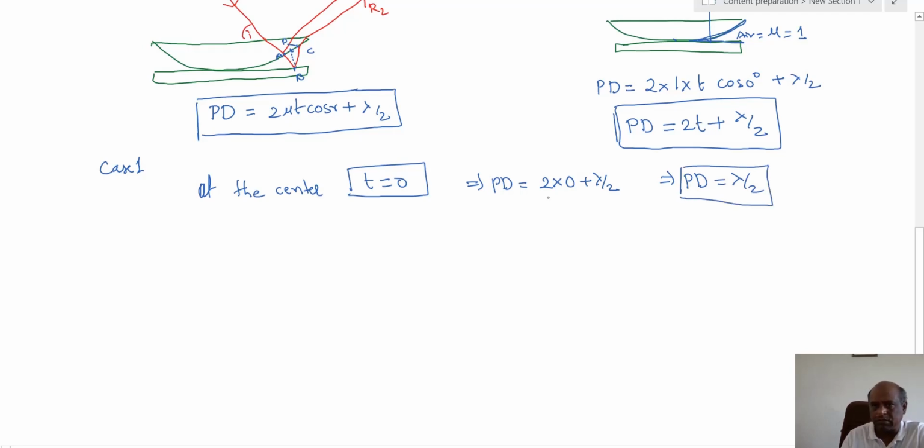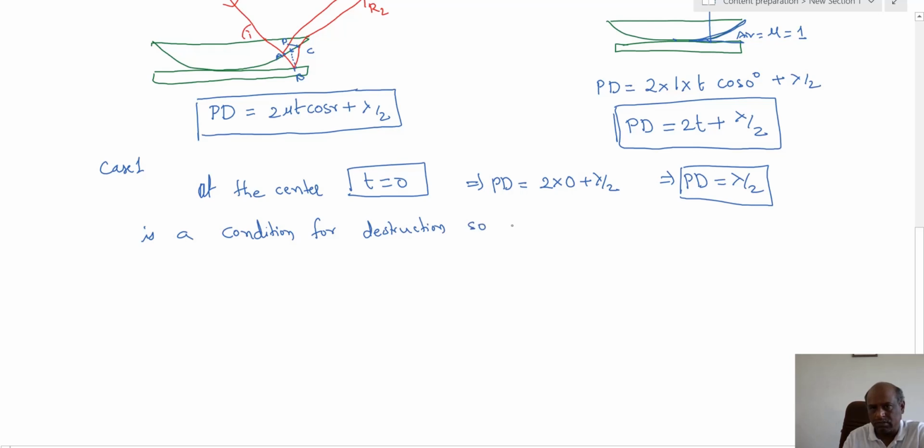We said the condition for constructive interference is path difference equal to n lambda, but it is becoming different from n lambda. So path difference equal to lambda by 2 is a condition for destruction.